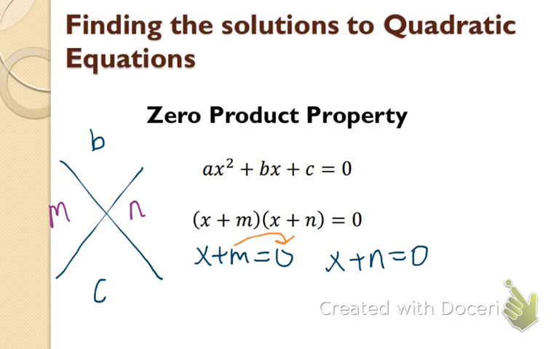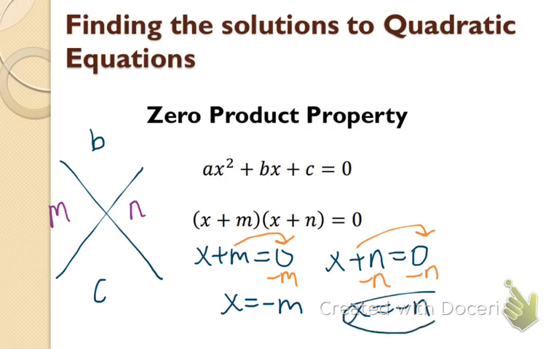So we would need to move this term over, and in this case it would be a minus, but remember it's not always going to be minus. And in the other binomial we would move the n over, and again it's not always going to be minus. We would get our answer.